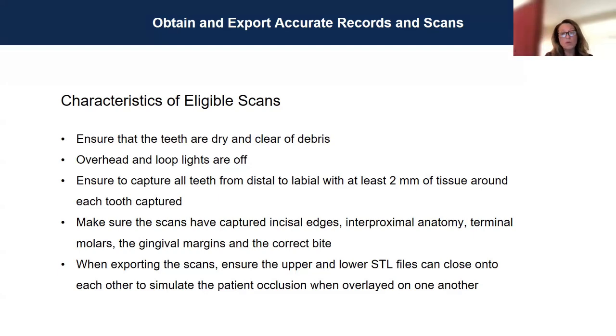You don't want your loupe lights on. You want to make sure that you have captured the incisal edges and make sure there's not a dark line around it. If you see this dark line or ashy look to your scan, that means you have not captured all the way. There's a space.